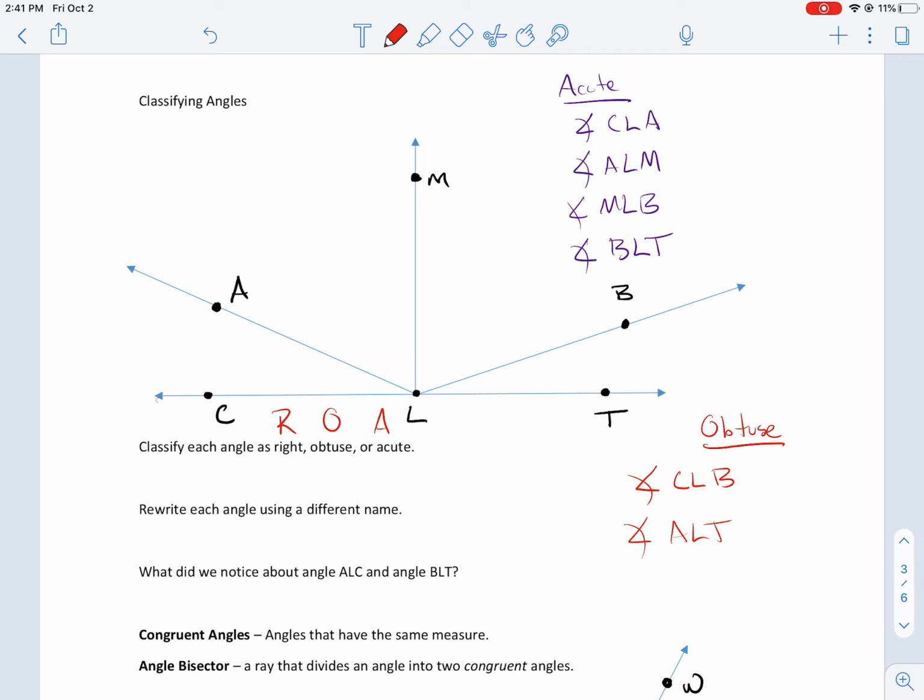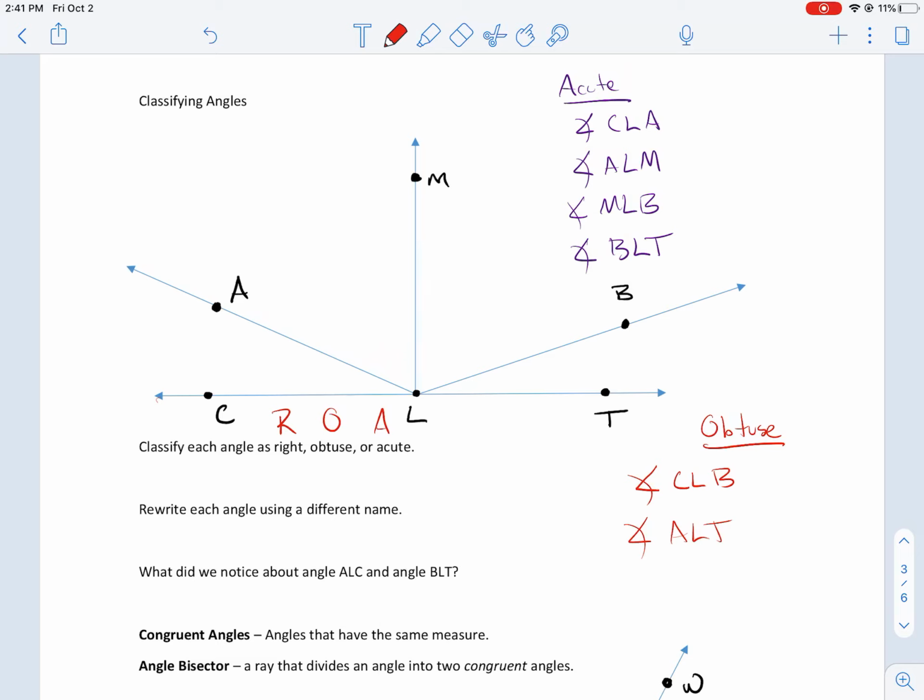So when it says classify each angle as a right angle, this is all we can classify. Okay? One thing you got to remember about geometry, and especially when you get into proofs, is you can't assume anything unless it's either been given to you or proven. Okay? So in this case, we haven't proven that these are right angles, so therefore, we don't know which ones are the right angles. Okay? We can only gauge which ones are acute and obtuse.